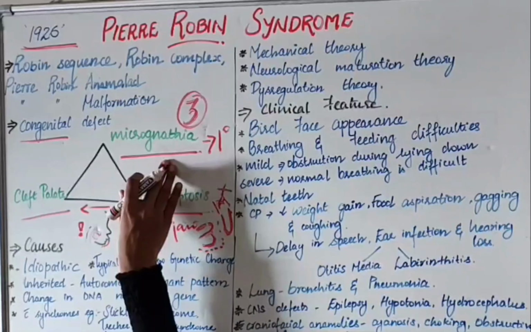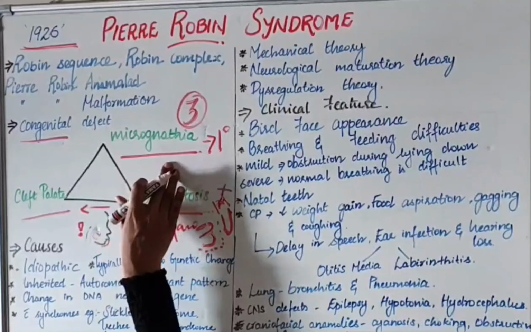This is how micrognathia acts as a primary defect, causing the other two.